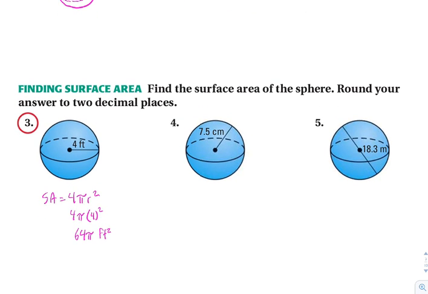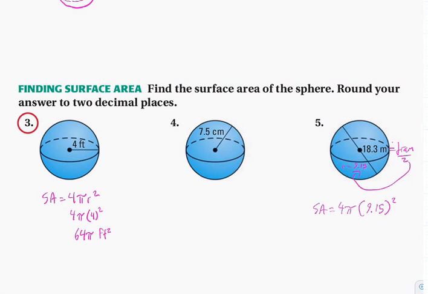When we go over to a problem like 5, where it gives us a diameter, we'd say, okay, well, first thing, let's know that that's the diameter. So dividing it by 2, we get 9.15 as the radius. And then we use that. So we say, okay, 4 pi 9.15 squared would be our surface area, right? And you could do that on a calculator, but that's how you would set it up.